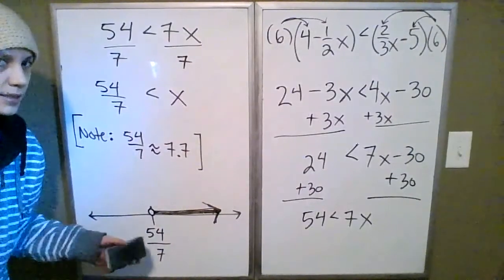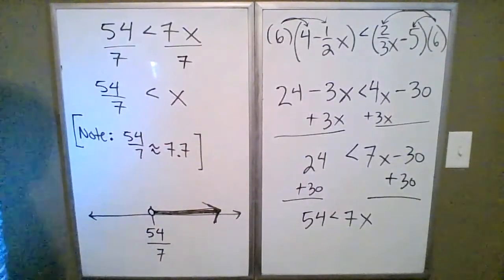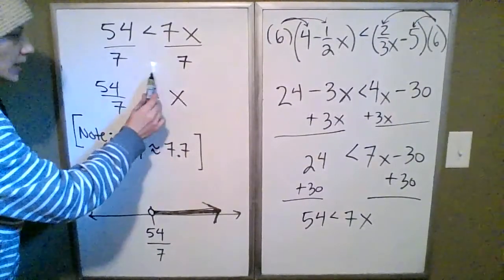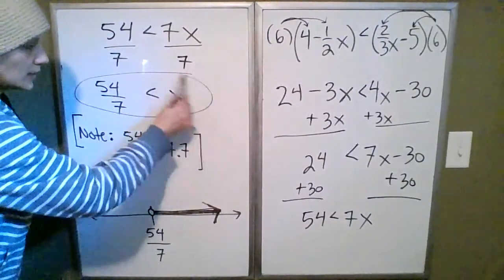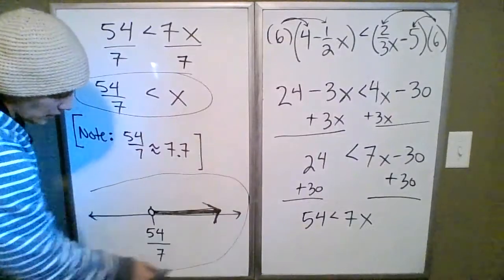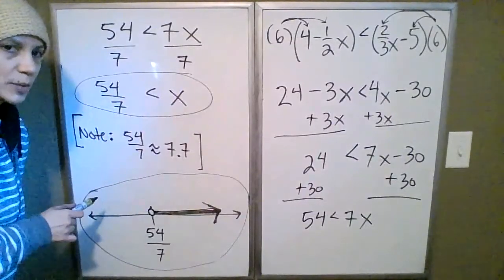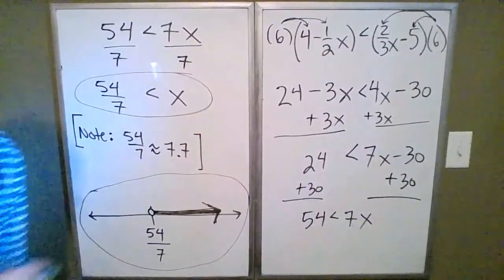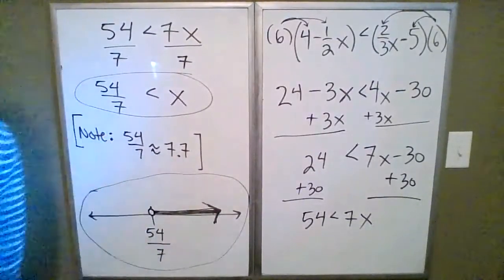Let's go ahead and put this in interval notation. So this would be like your algebraic statement. This is your graph. And the last part we talk about is the solution written as a set.